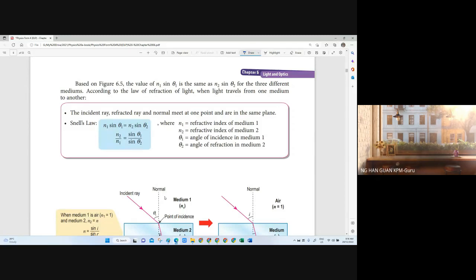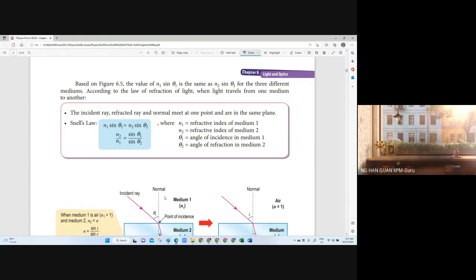According to this formula, we have the refractive index of medium 1 and medium 2, and referring to the angle of incidence and angle of refraction, theta 1 and theta 2. So we define medium 1 as the source of the incident ray, which is where the ray comes from, and medium 2 is the entering medium, from medium 1 into medium 2.